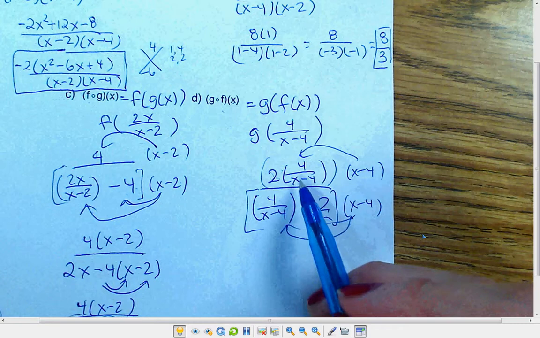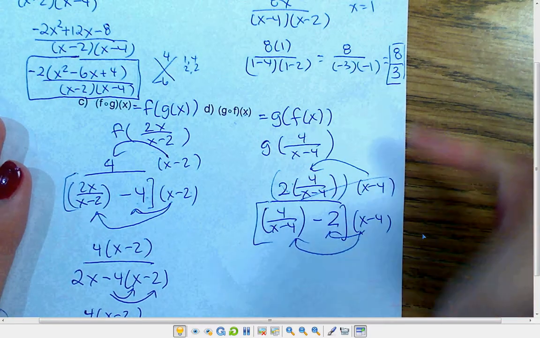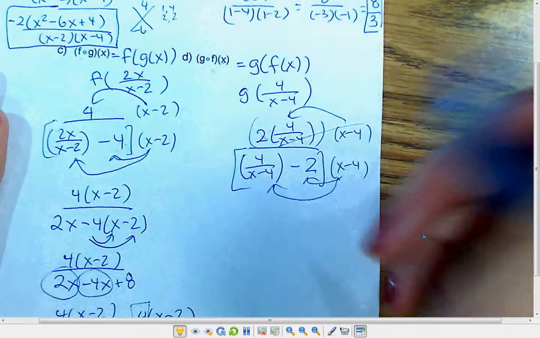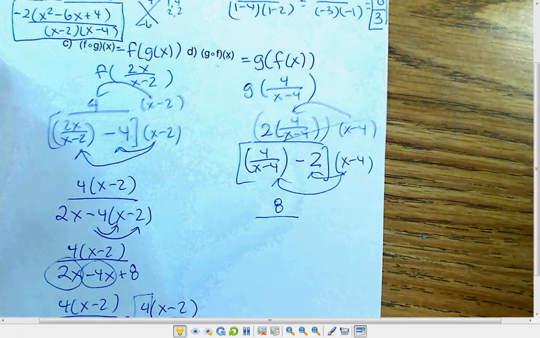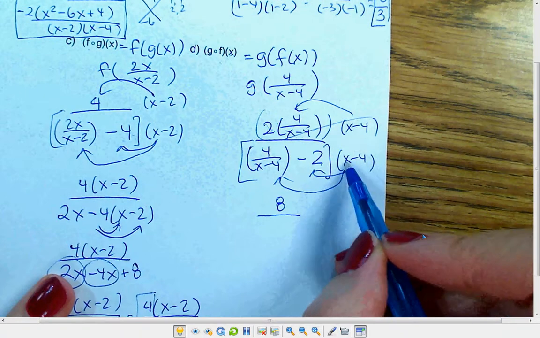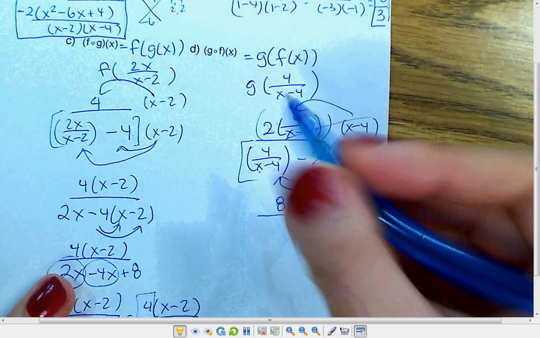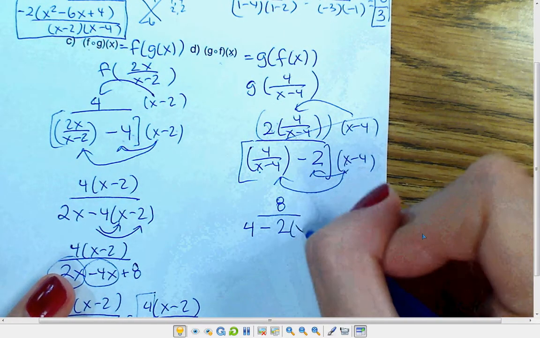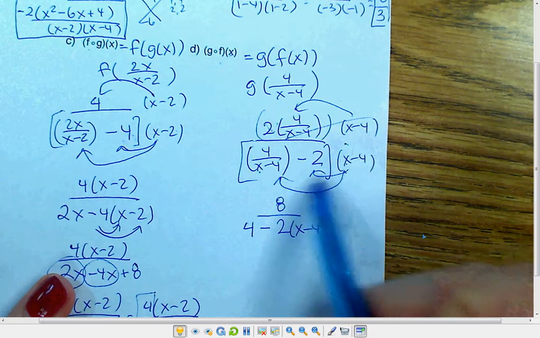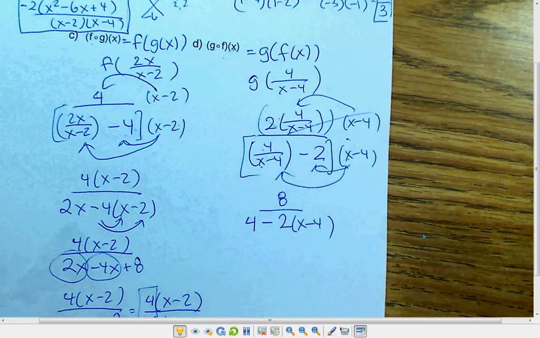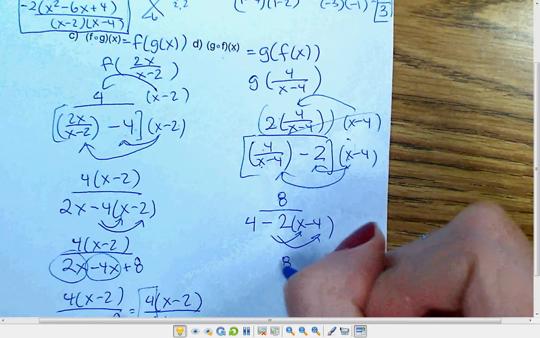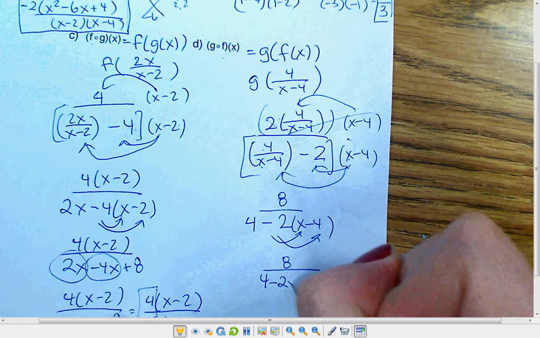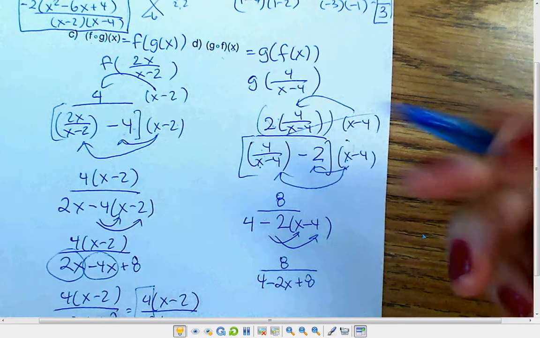So when we multiply it on top, the x minus 4 is going to cancel out, which just leaves us with 2 times 4, which is 8. And the bottom, this x minus 4 and this x minus 4 cancel out, which leaves us with a 4. But over here, we're multiplying this negative 2 times x minus 4. So you're multiplying both of these terms by x minus 4. So let's simplify. We have 8 divided by 4 minus 2x plus 8. Careful of the negatives.